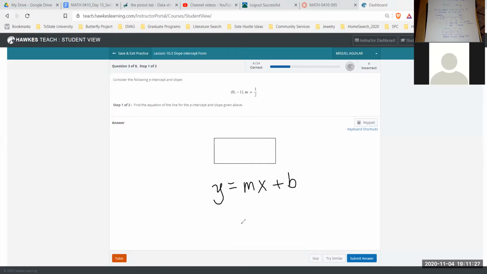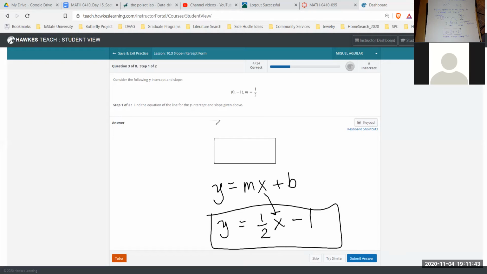It's y equals 1/2 minus 1. 1/2 what? Don't forget the x. Minus 1. But yeah, that would be good. So that would be y is equal to 1 over 2x, and then minus 1.